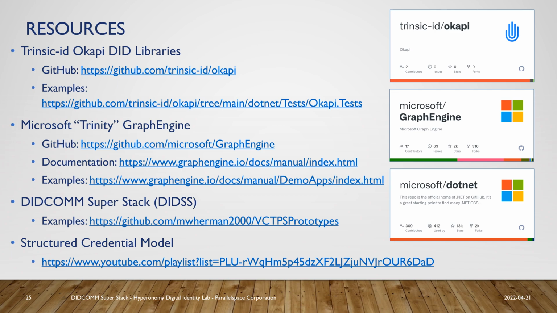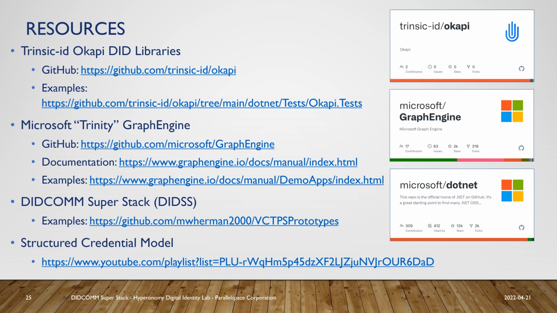The Trinity Graph Engine, also an open source project, is available on GitHub. The documentation can be found at the graphengine.io website. Fairly complete, and there's some great examples described in the documentation, and the code is on GitHub, and you can see the link for the examples.